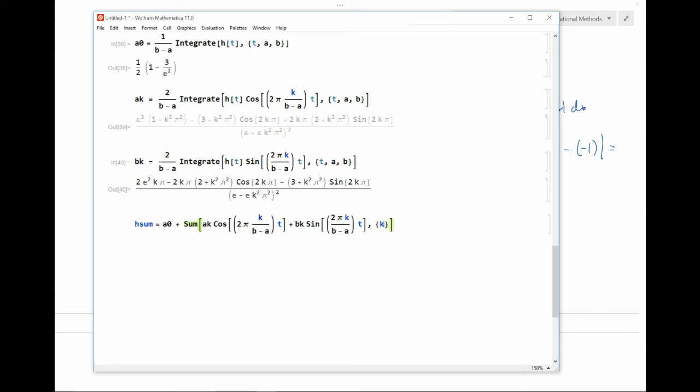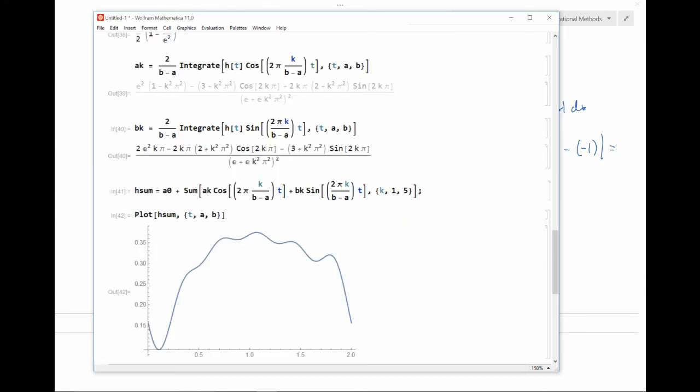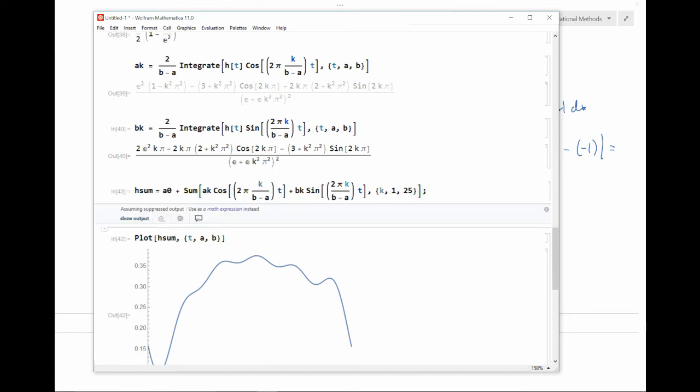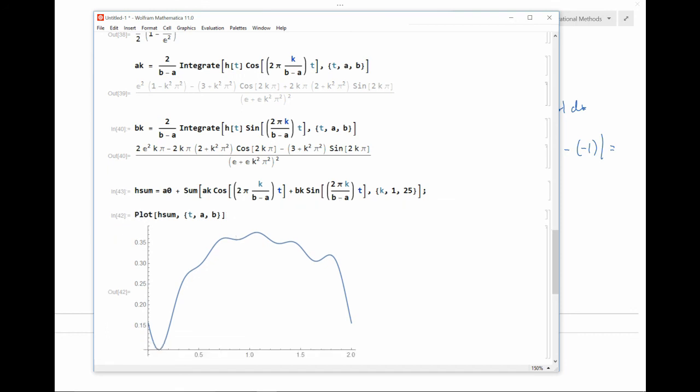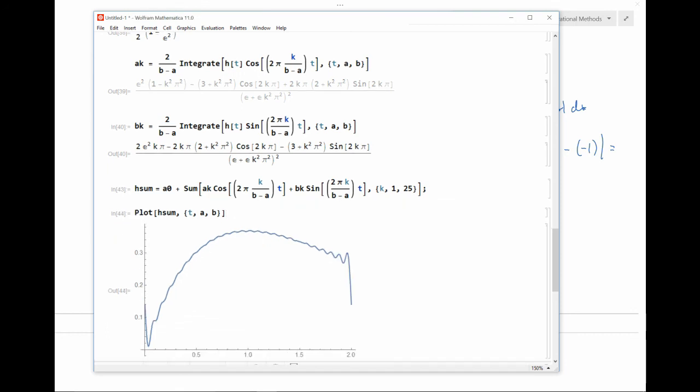And let's run the sum k going from 1 to, let's just add a few terms. Let's plot it from a to b. And here we go. Well, that doesn't look like our function, but if I add a few more terms, then the plot will look a little bit better.